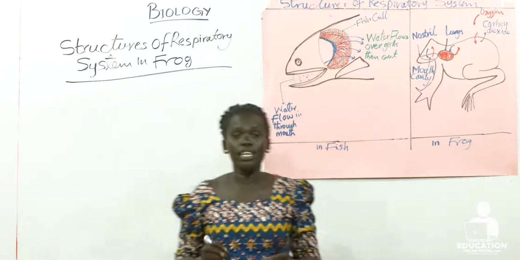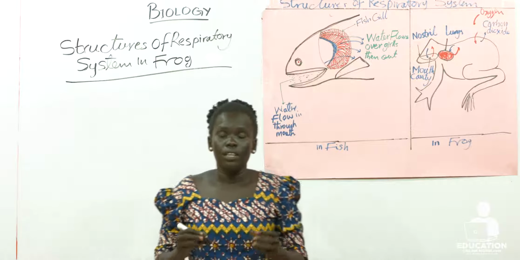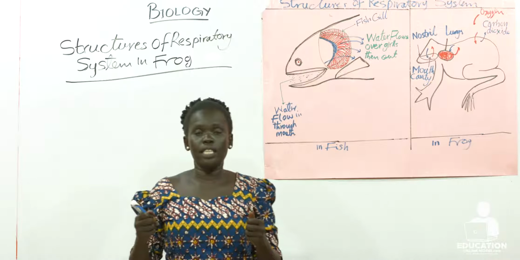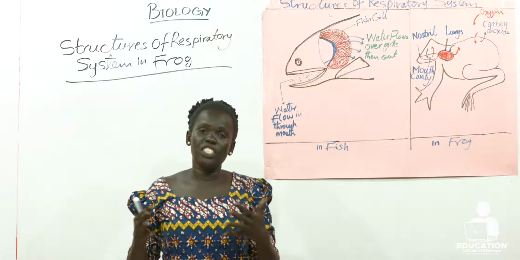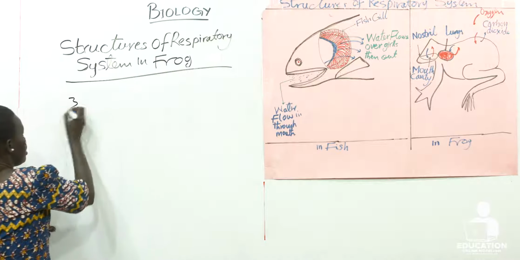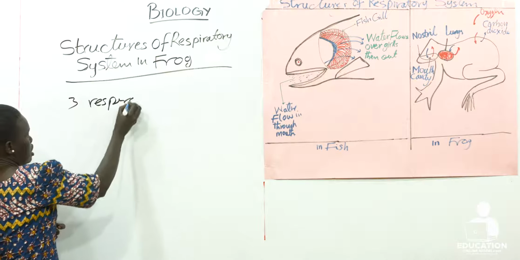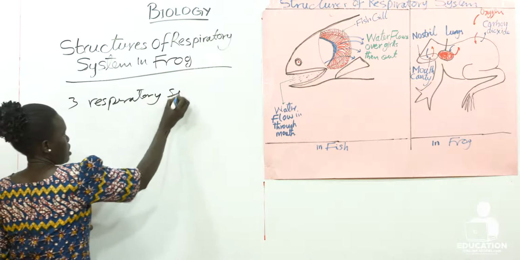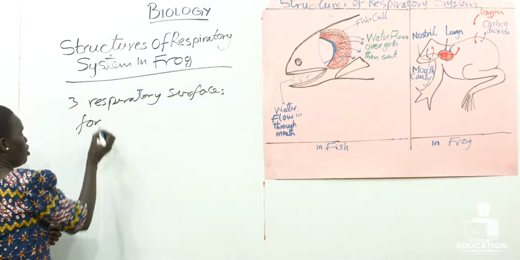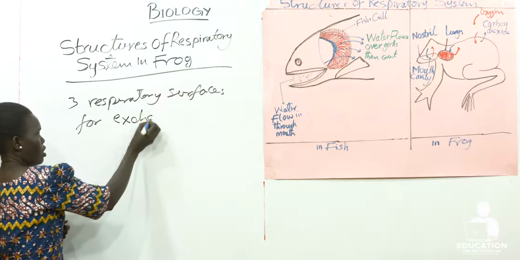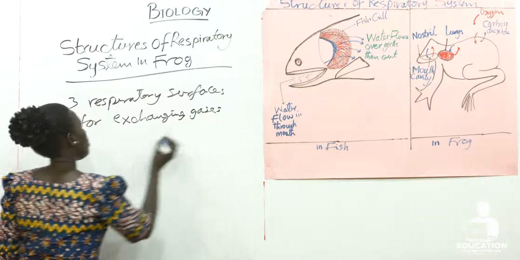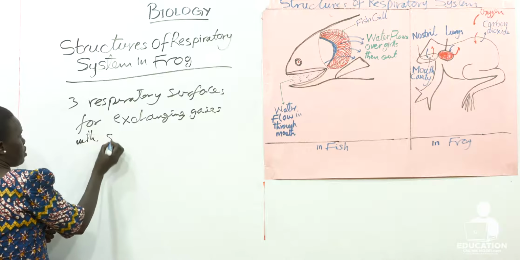Generally, frog has three respiratory surfaces that are used for exchanging gas with their surrounding, with the surroundings or the environment.